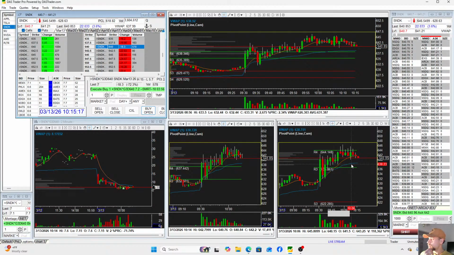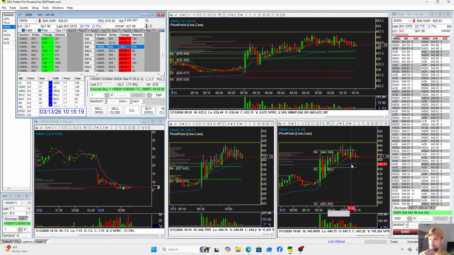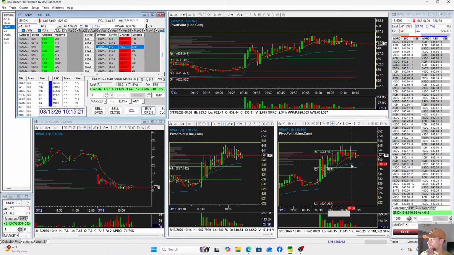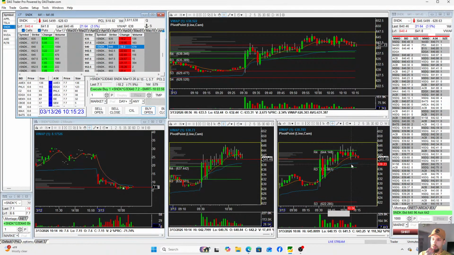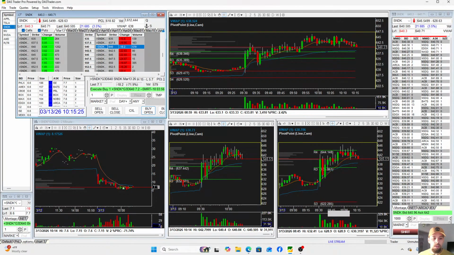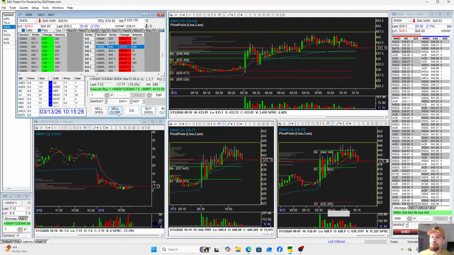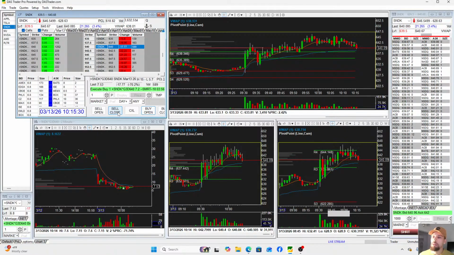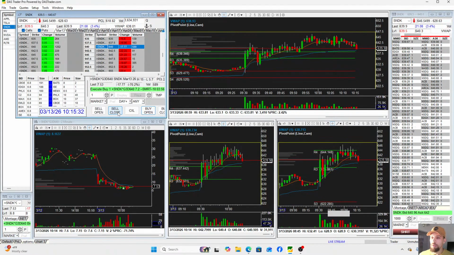Seems like MU and SanDisk are a bit in sync in terms of their price action. SanDisk isn't really moving down. Okay, here we go. Can we squeeze the 638? That's what we're looking for.